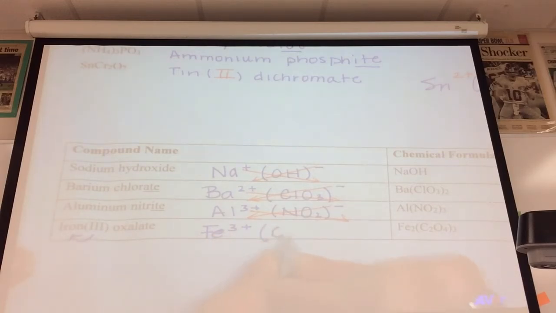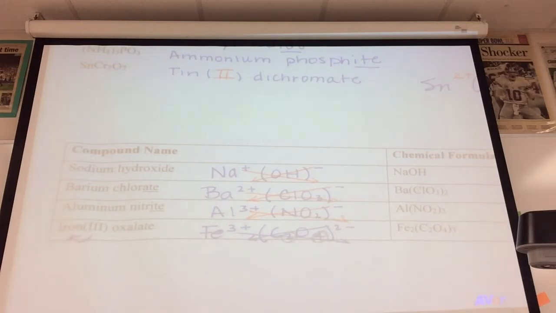Oxalate, C2O4, 2 minus. The 3 goes there, the 2 goes here. And this is the one I was talking about previously. Don't start reducing anything that was initially part of the polyatomic ion. That is an absolute disaster. Be careful there. I'll show you what I mean in reducing in the next one.